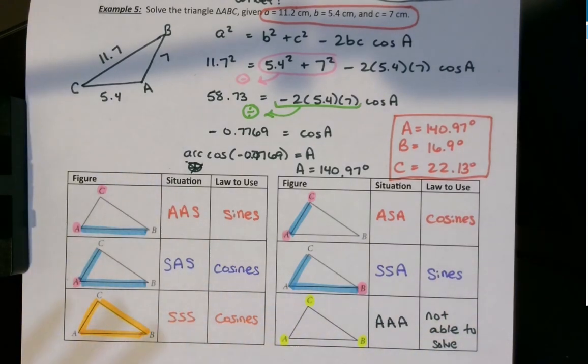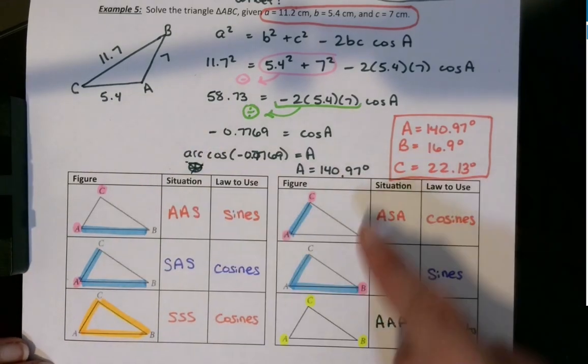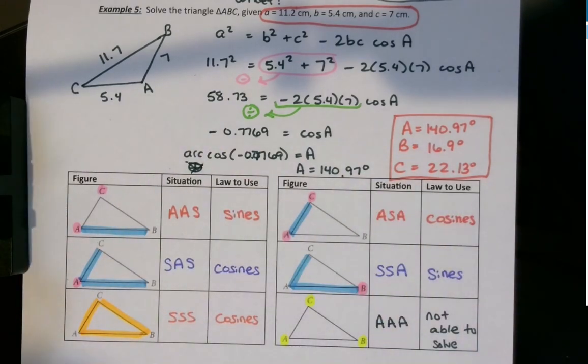We have similar triangles where the angles are all the same and the sides are all different from each other. There's not one unique solution. So I think those are all 6 possibilities in terms of triangles: we're able to solve for the first 5. And then if you just know angles, you're not able to solve. You've got to know at least one side to solve.